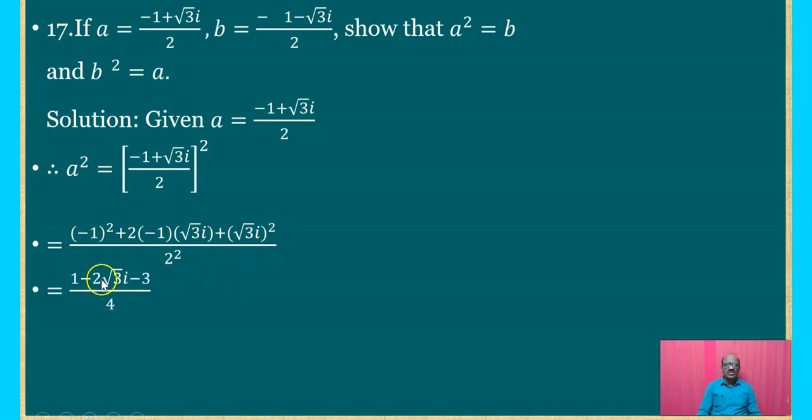That is 1 minus 2 root 3 i, and (root 3 i) square means what? Root 3 square means 3, i square is minus 1, so 1 minus 3, which is minus 2. Minus 2 root 3 i upon 4. Take the 2 as common, then simplify. You will get (minus 1 minus root 3 i) upon 2. That is equal to b.